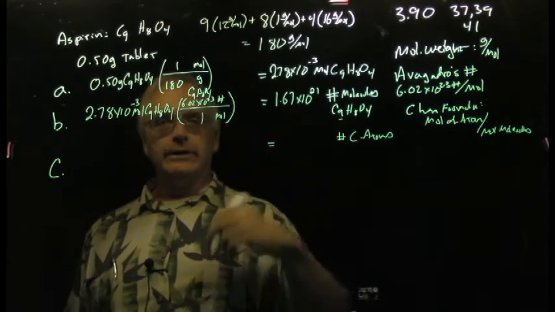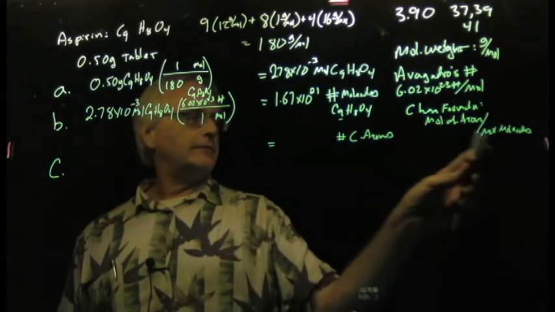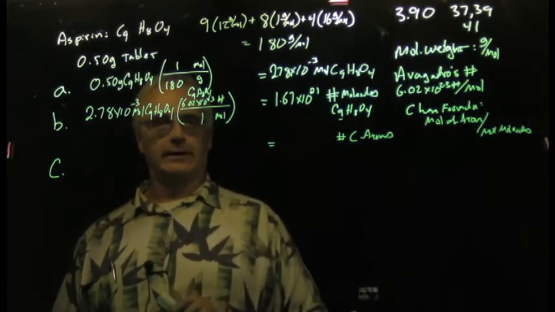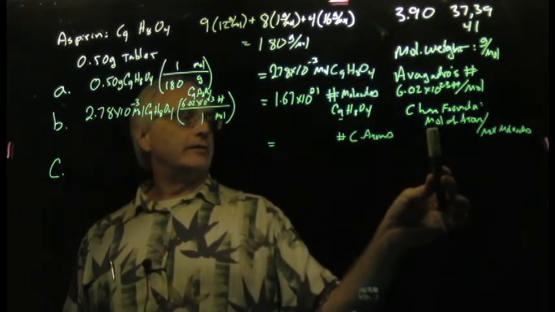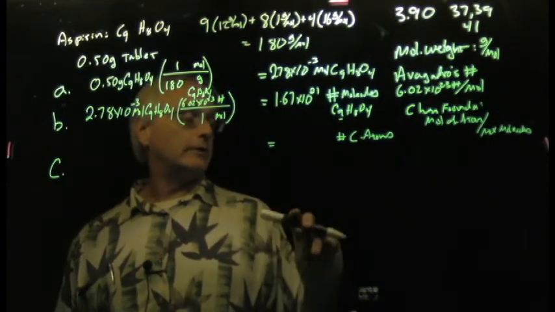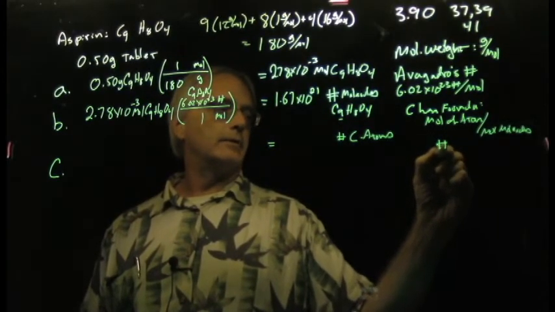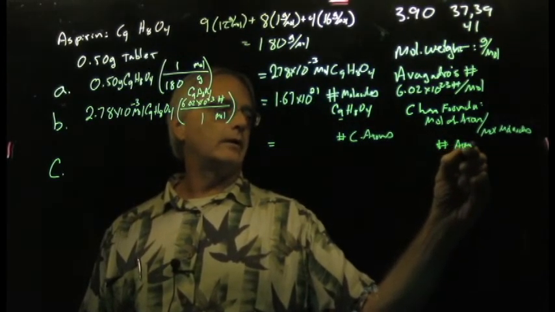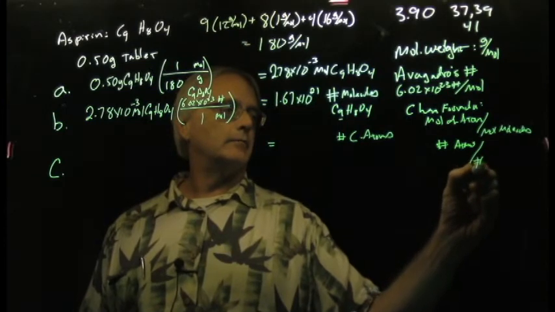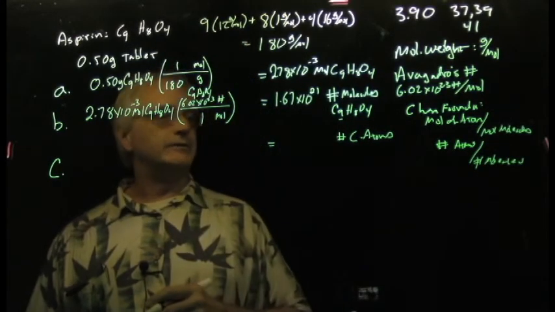And remember, when you need number of atoms in a molecule, that is very often where the chemical formula is going to play a role. And remember, it tells us number of moles of an atom per mole of molecules, which is what we wrote down before, but it also can be used for number of atoms per number of molecules, which is how I'm going to make use of it here.